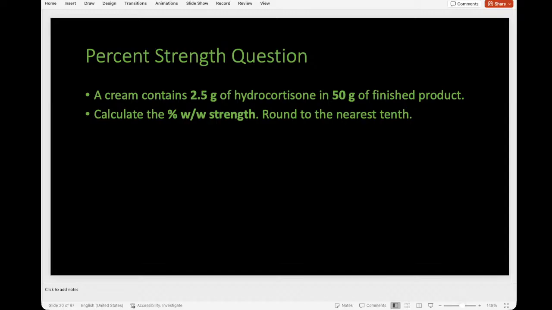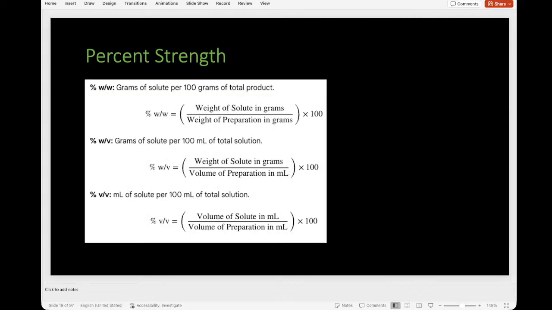Here's a practice question. A cream contains 2.5 grams of hydrocortisone in 50 grams of finished product. Calculate the percent weight over weight strength, and round to the nearest tenth. So you can see here the cream contains 2.5 grams of the drug or solute in 50 grams of the final product, which is obviously the preparation.